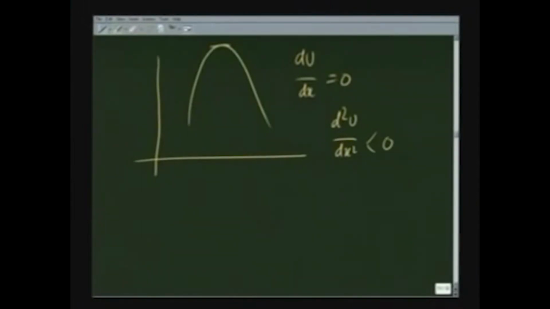So, you notice, since du/dx is 0 here, as x goes up, since d²u/dx² is less than 0, du/dx on this side must be greater than 0, as is also evident from the graph. Similarly, on this side du/dx is less than 0.